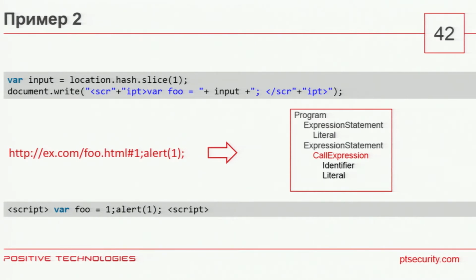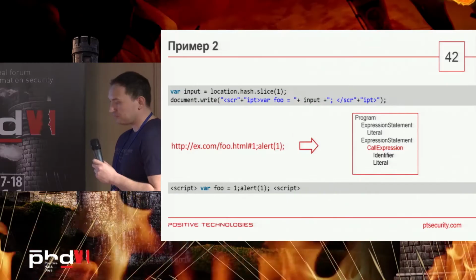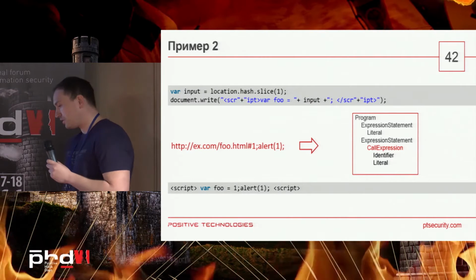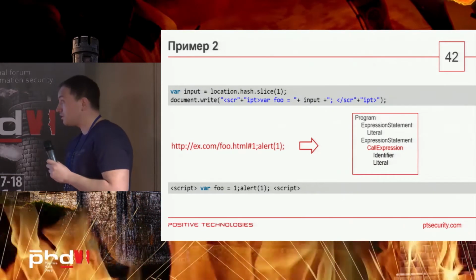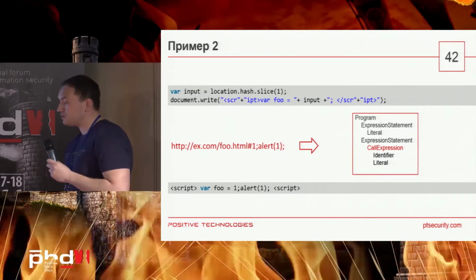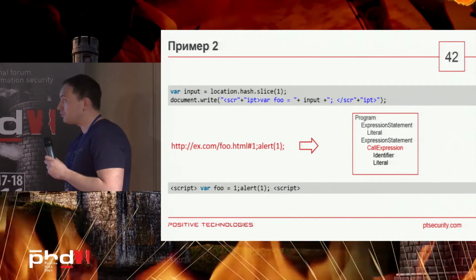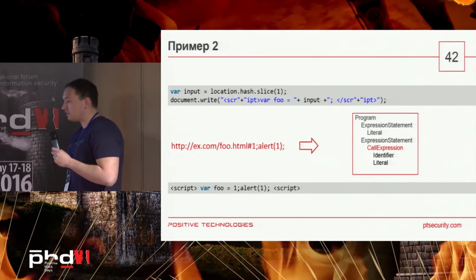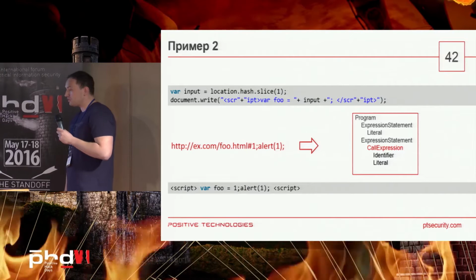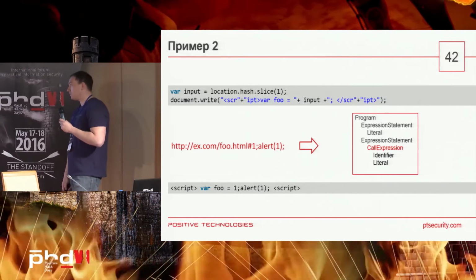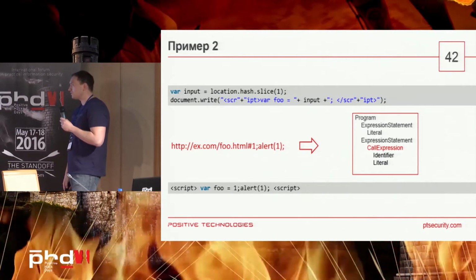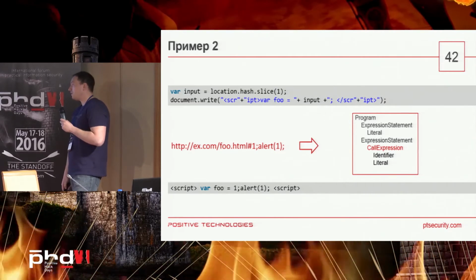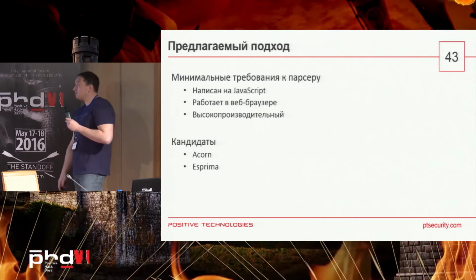So this is the approach that was implemented for browsers in our second research project. And it used the following criteria. The tainted data must generate only trees containing literal nodes and no other kinds of nodes.